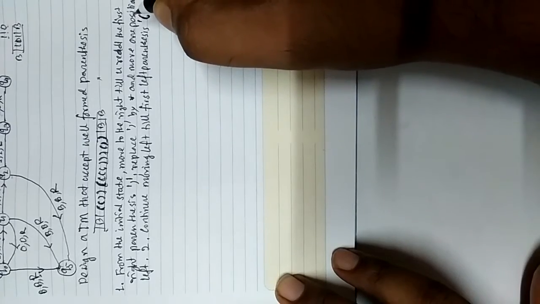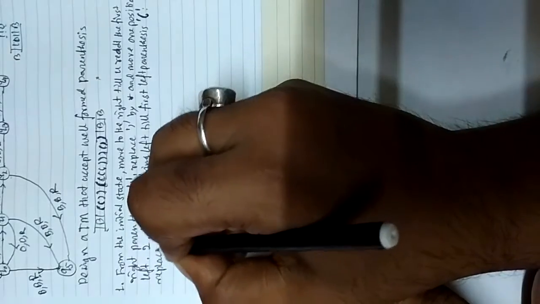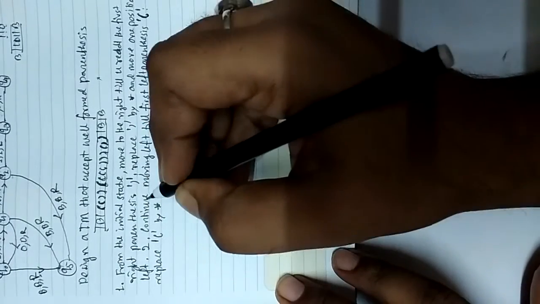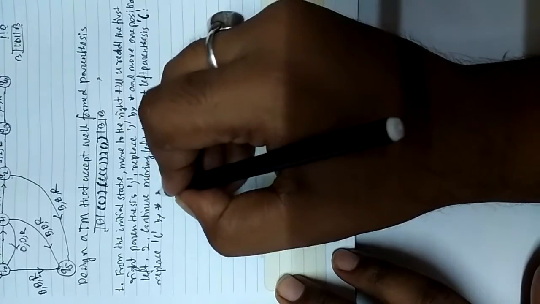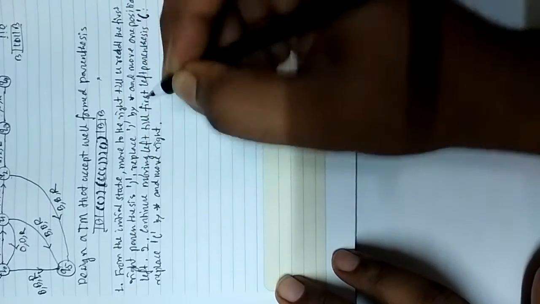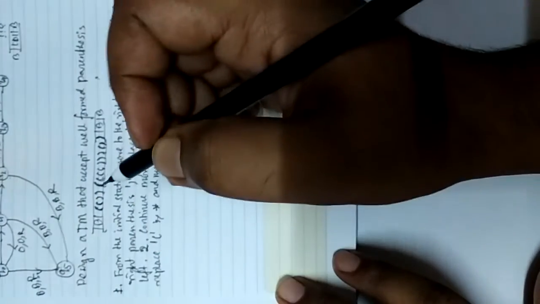Okay, now what we will have to do: replace this left parenthesis by again a star, and move right. So this is 1, this is 2.